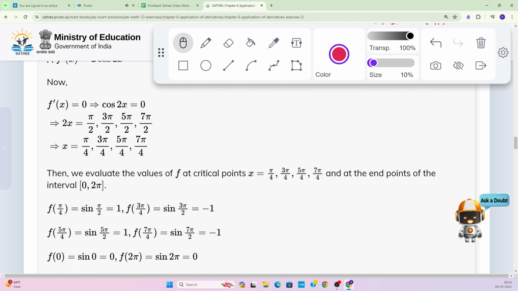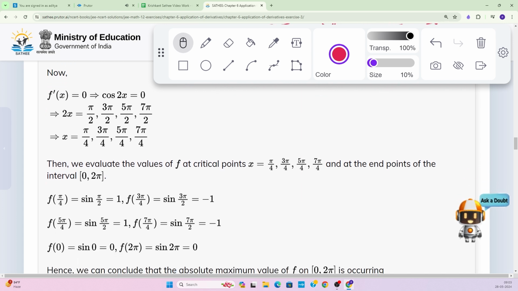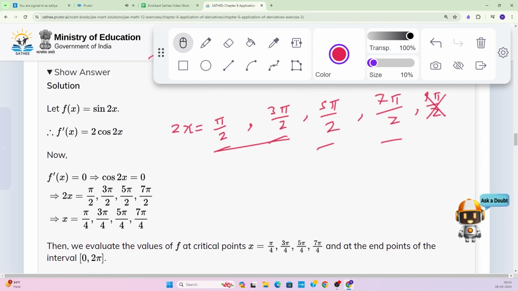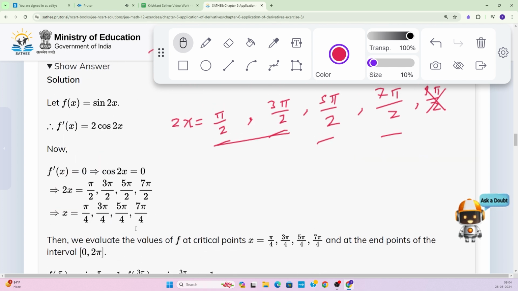Okay, clear? So you will get f of pi by 4 as... sorry, sine pi by 2. Okay, but we want pi by 4, but we are having what? Sine of 2x. As you can see, we are having sine of 2x.